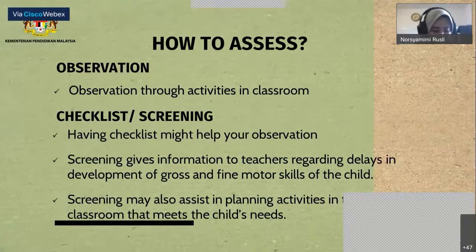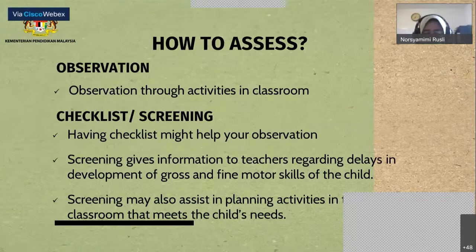So how do we assess? One way to identify if your student is having difficulties with motor skills is through observation, and I'm sure teachers are very good at this. To do that, you might also need a checklist to guide your observation. Having a checklist might help you observe your students in class.